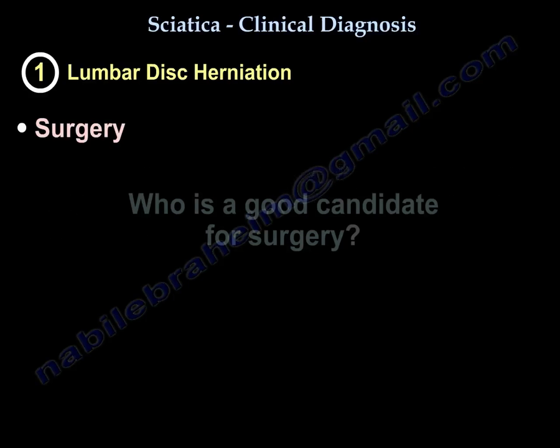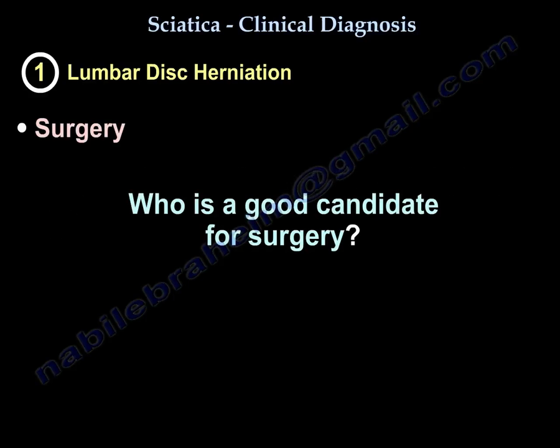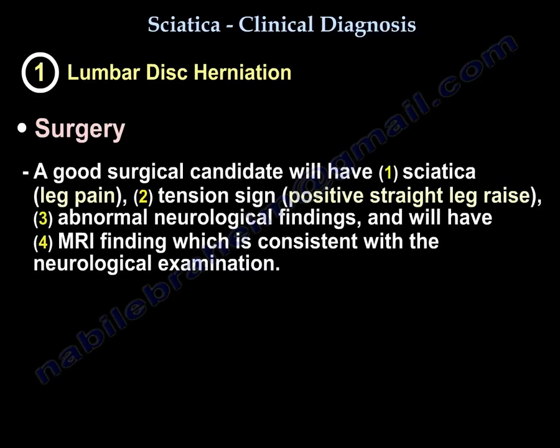Who is a good candidate for surgery? A good candidate will have sciatica, which is leg pain, a tension sign, meaning a positive straight leg raise sign, will have abnormal neurological findings, and will have MRI findings that are consistent with the neurological exam.